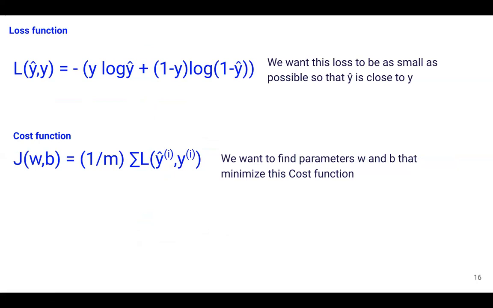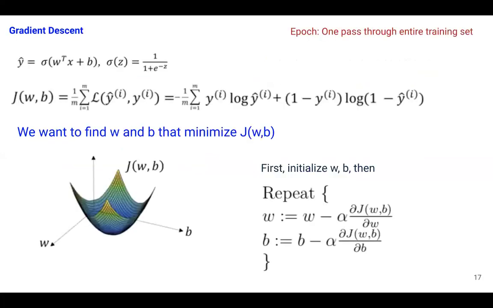Ma'am, in the cost function, is there a possibility that we will have a local minima also? Then our iteration can get stuck there. Is there some possibility like this? One reason I did not discuss, but there was a question asked, why this particular expression is taken for loss.